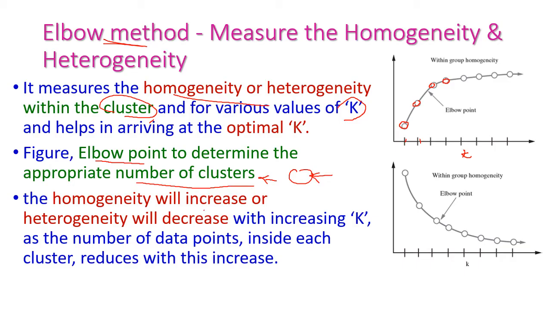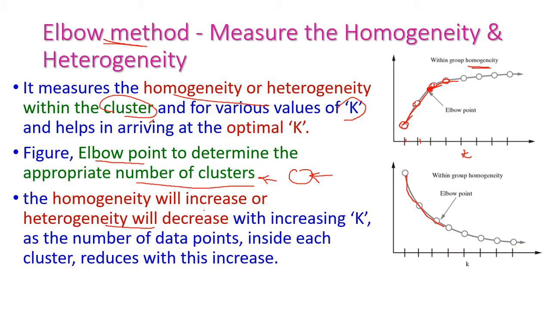The homogeneity will increase or the heterogeneity will decrease. So this is homogeneity. Homogeneity will get increased and heterogeneity will get decreased, with a negative slope. Okay, so while increasing, after a certain point, the increase will get reduced.